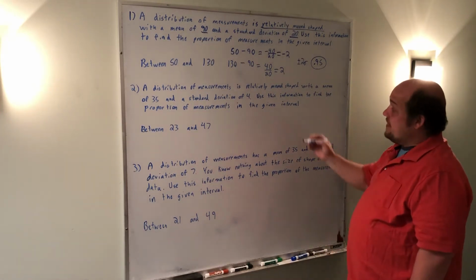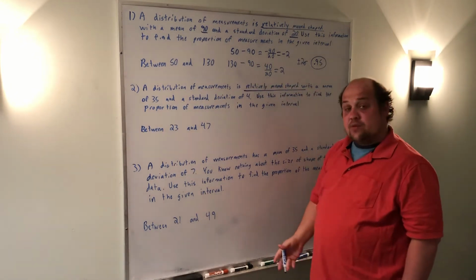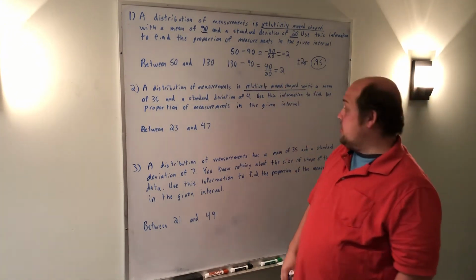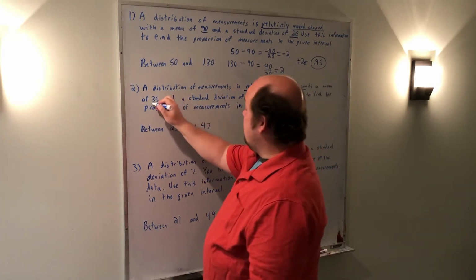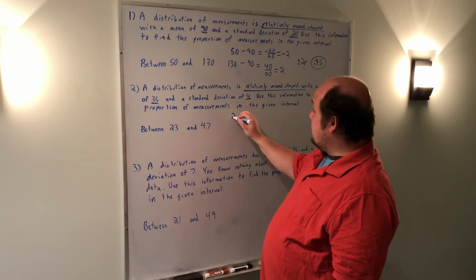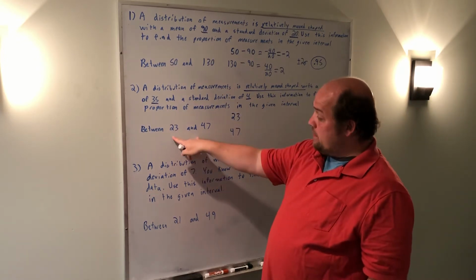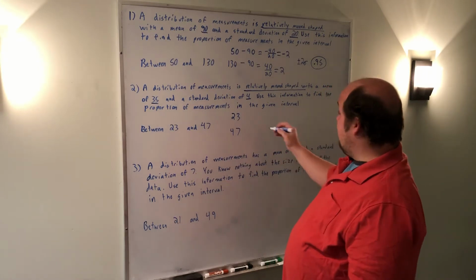Question 2 starts out the same way. I see these words, relatively mound-shaped. That tells me I'll be using empirical rule, not Chebyshev. Here's my mean, 35. Here's my standard deviation, 4. So I'm going to take the two numbers, 23 and 47, that are from my between for my given interval.